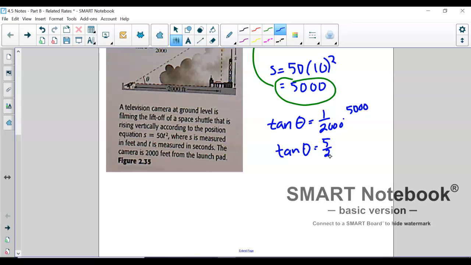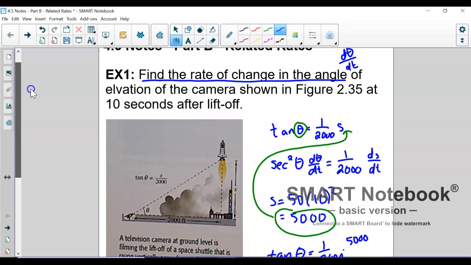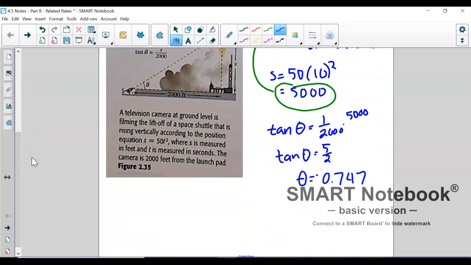And so if we do inverse tangent here, inverse tangent of 5 halves is going to give us 1.190 radians. I'm not sure. It does not tell us whether we need to use radians or degrees here. I'm going to stick with radians just because everything on the AP exam is going to be radians every time. It might be interesting to look at this with degrees, but we're not going to do that for this particular problem. So that is in radians.